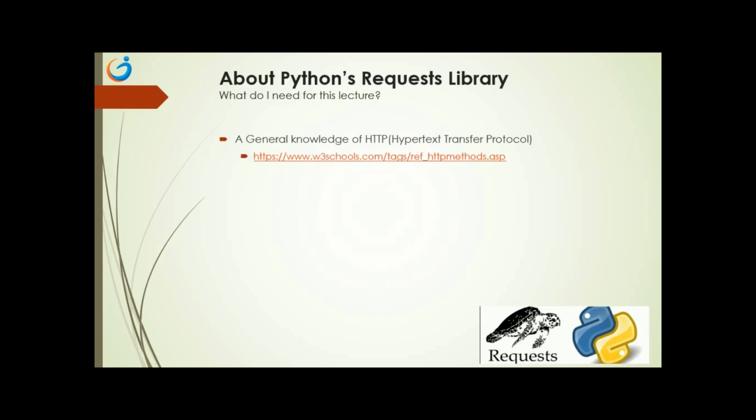Next, what do I need for this lecture? Before this lecture you can go through the link which I have mentioned below. It will give you an understanding of the HTTP protocol, like what the status codes in HTTP are and what the messages written in the HTTP protocol are.